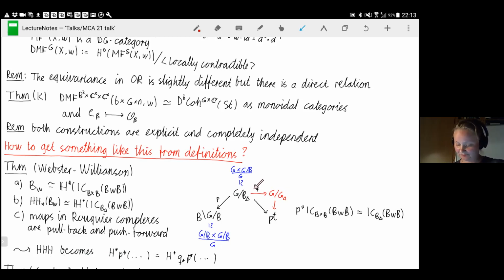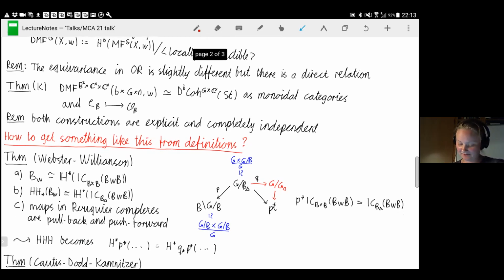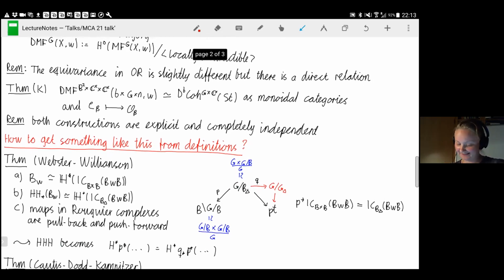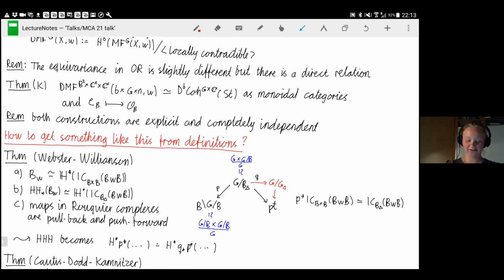I originally worked with it, and I wasn't super excited about what I got, not because it didn't give something nice, but it just felt like, okay, that's nice, but whatever. The interesting thing is what happens if I take a detour.